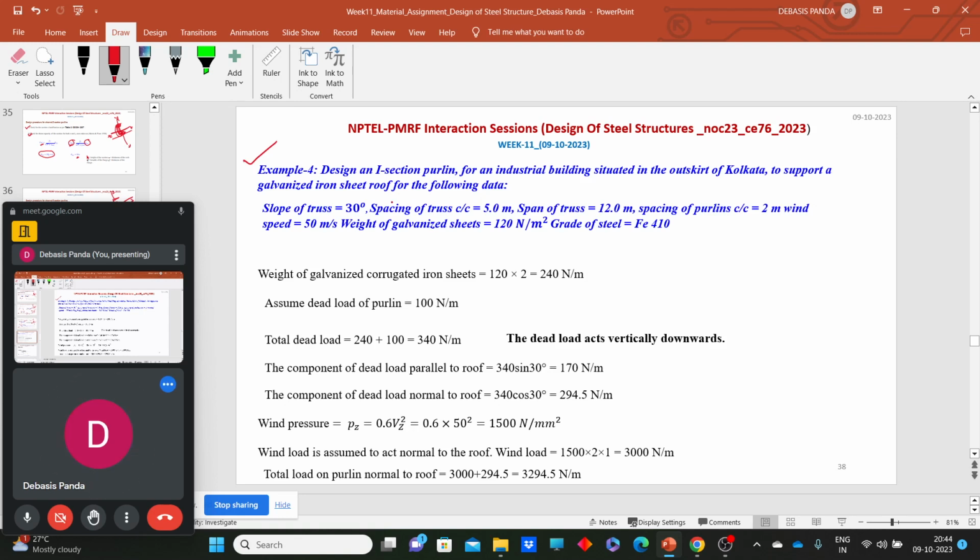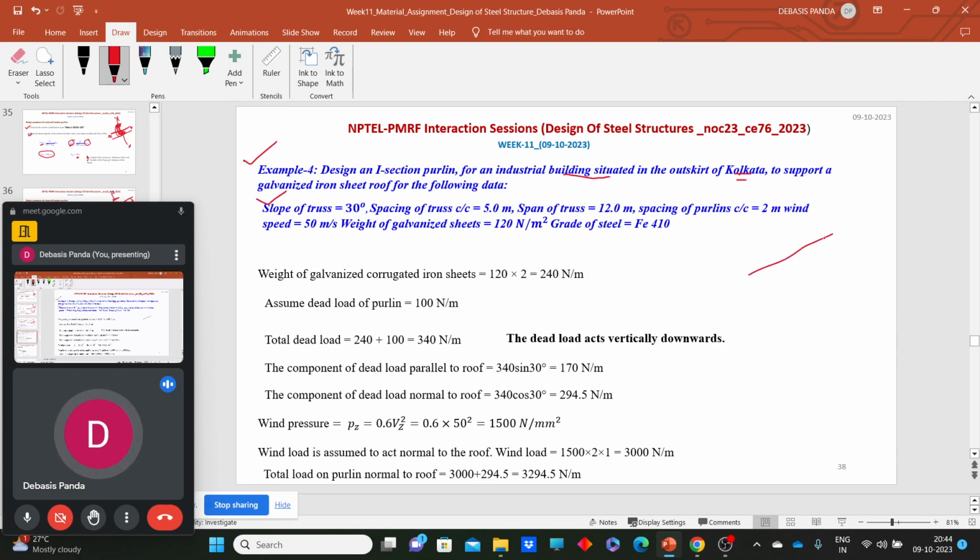It says, design an I section purlin for an industrial building situated in the outskirts of Kolkata. Now why is Kolkata important? Because to calculate the wind load we need to know the zones. To support a galvanized iron sheet roof for the following data. The slope is given as 30°.